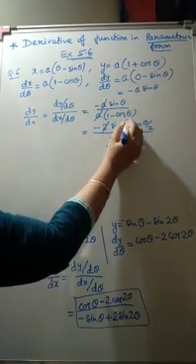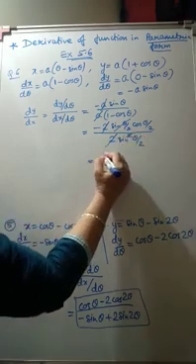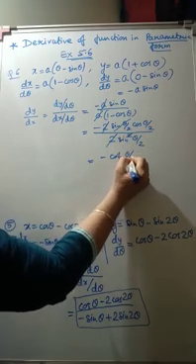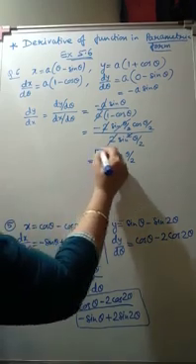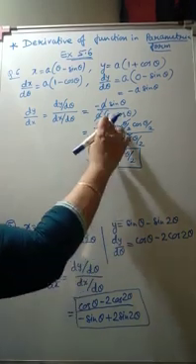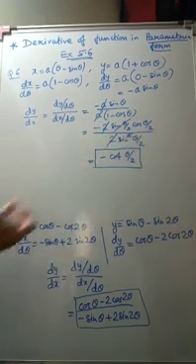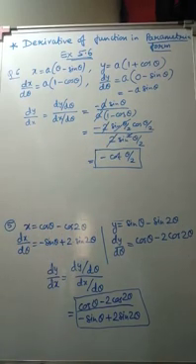So 2 sine theta by 2 cancels, and you get minus cot theta by 2. So this is the book's answer. If it is 1 plus cos theta, you have to write 2 cos square theta by 2. Since it is 1 minus cos theta, it is 2 sine square theta by 2.